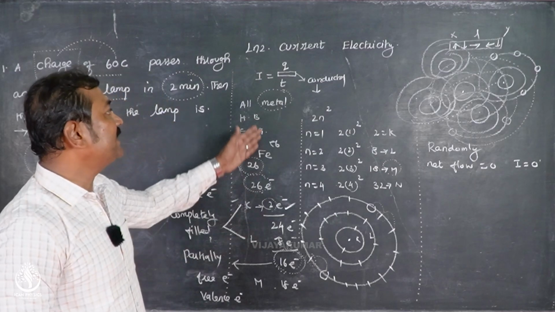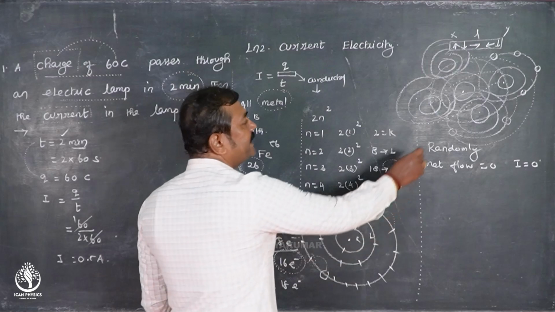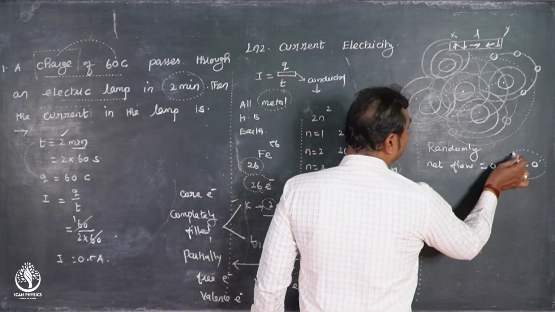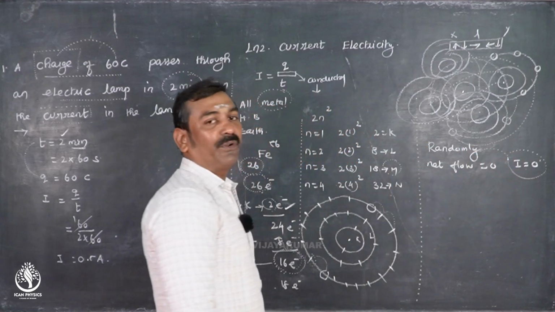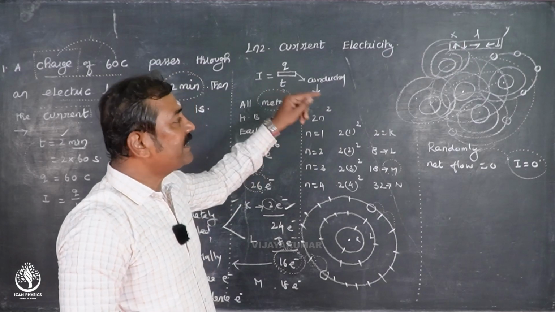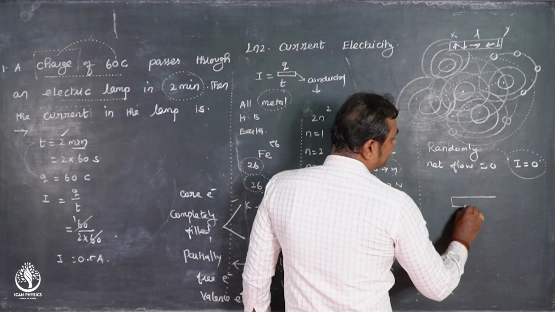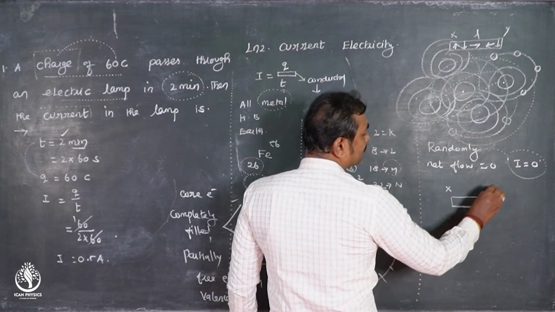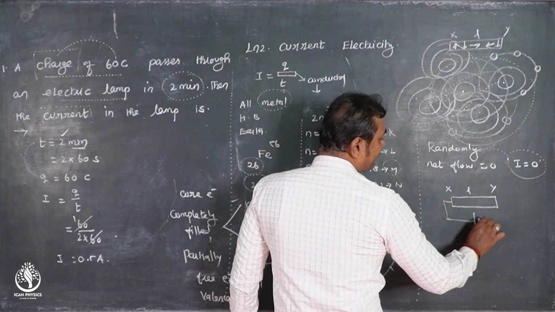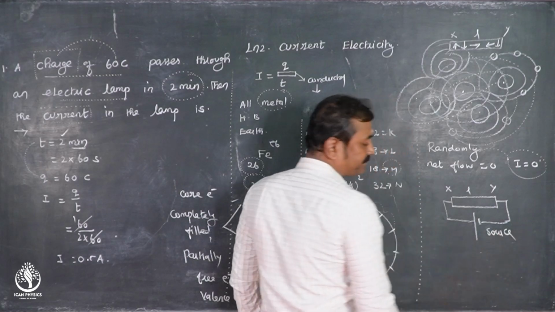What we said is that the flow of charges is called current. Here also there is flow of charges, but we say the current is 0. Why? Because the charges flow randomly. Next, the charges can flow in the same direction. Let us consider the conductor X, Y of length L connected with a battery or an external source.